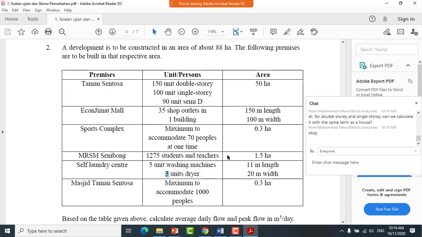If the house is divided between 2 separate stories, like if you rent or if you buy only 1 story, it's not 1 unit, so that will be considered as 2 units. But normally, 1 house, 1 unit, whether it's 1 story or double story, that's 1 unit.